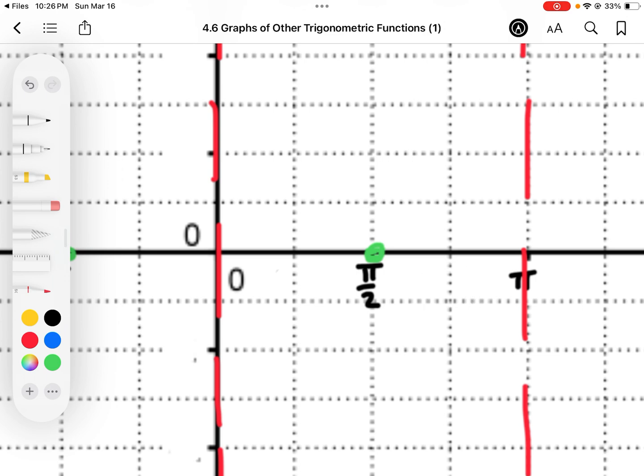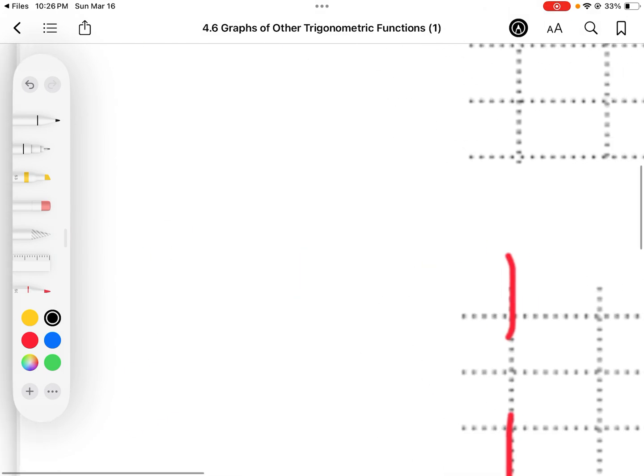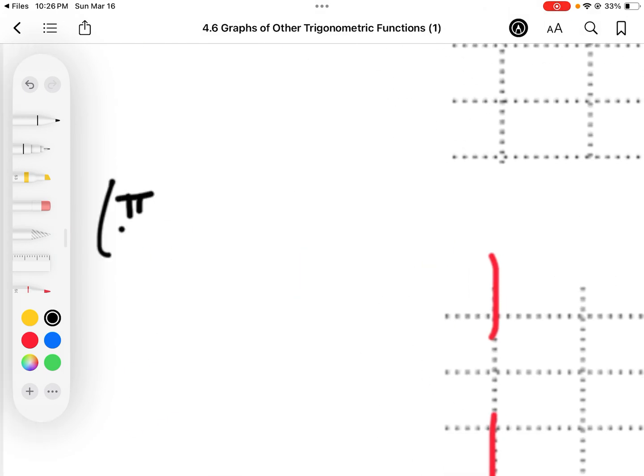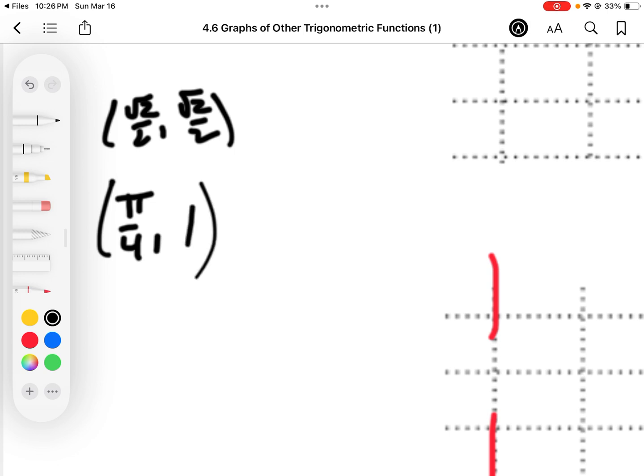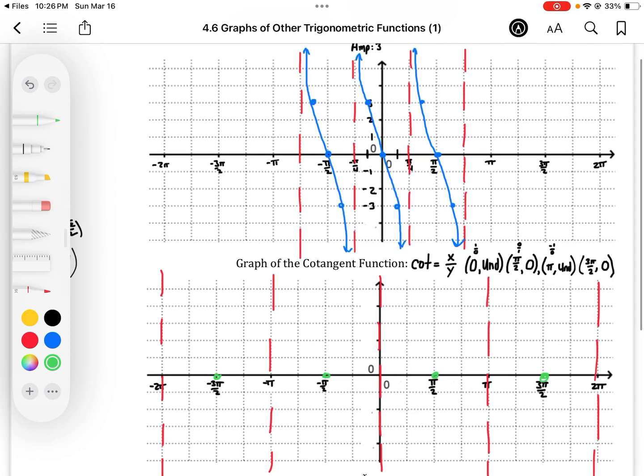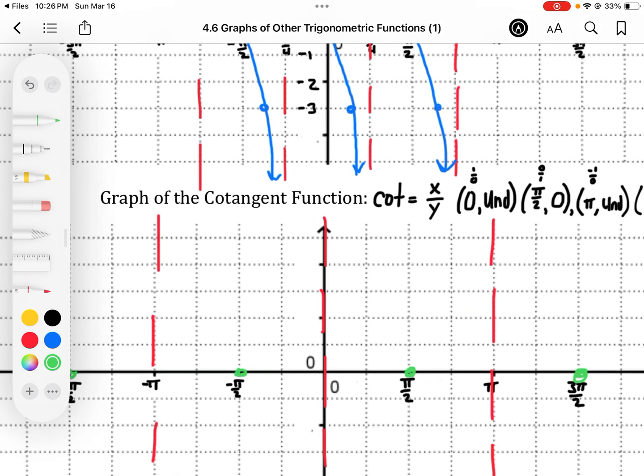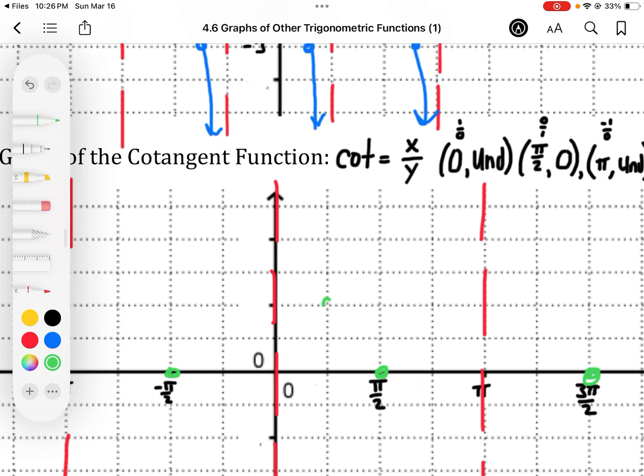So if I look at pi over 4 and we look at this setup, my point associated is square root of 2 over 2, square root of 2 over 2. And if I put that x over y, I just get 1. So very similar to our tangent graph, but at pi over 4, here I'm getting 1.